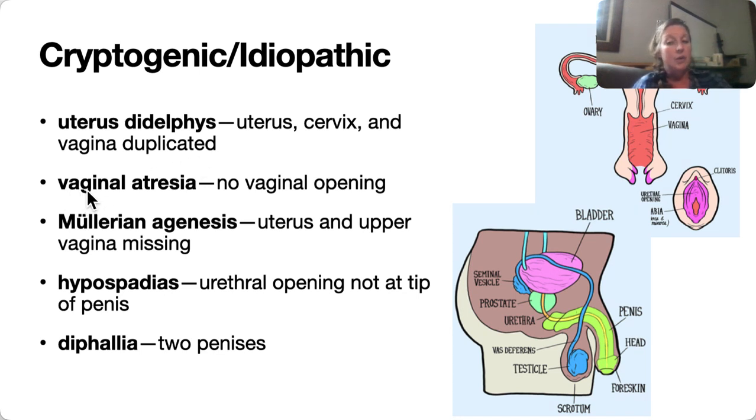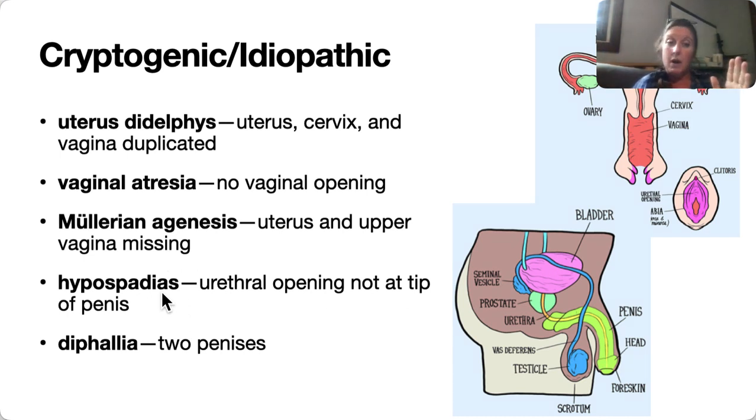There's also something known as vaginal atresia, where there is a vagina, but the outer third of the vagina doesn't develop properly, and so there's no vaginal opening. Mullerian agenesis. Agenesis means failure to be produced or failure to generate. So here, the uterus and the upper vagina are missing.